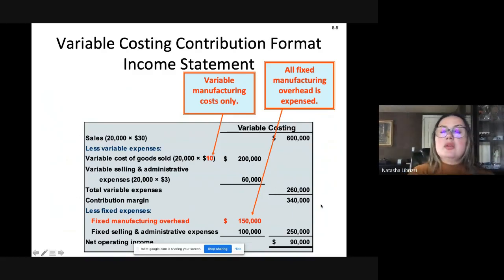So I have $340,000 contribution margin, less all of the fixed expenses. Do you notice how this cost is not included in here? Because it's fixed cost. So fixed cost of 150 and fixed selling and administrative of 100,000 total 250. My net operating income is 90,000. So under variable costing, these are our final numbers.